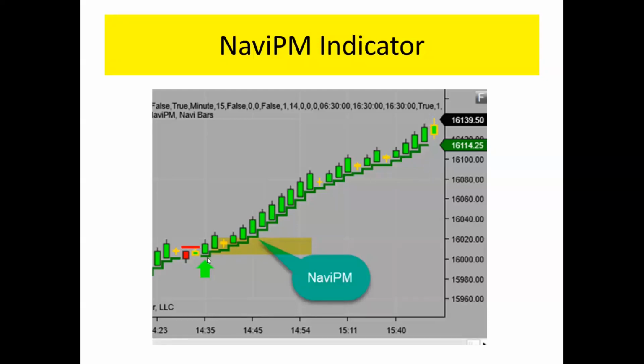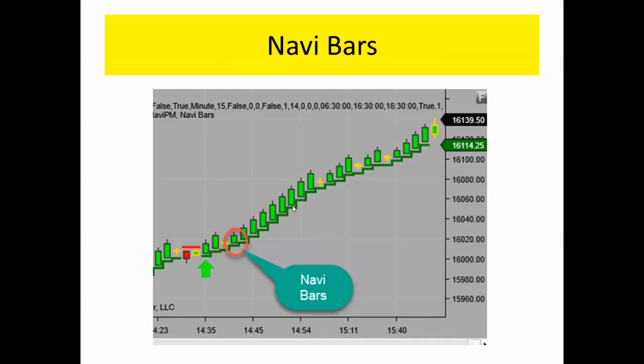And that green line or red line, when it's green, you can adjust that NaviPM indicator to be closer or farther away from the market, depending on what market you're trading. So again, the green bars with no gold frame are called power bars, and the gold frame bars are the consolidation bars.